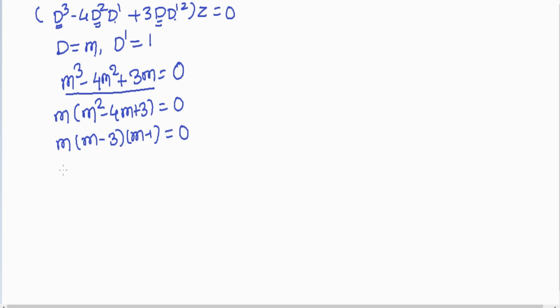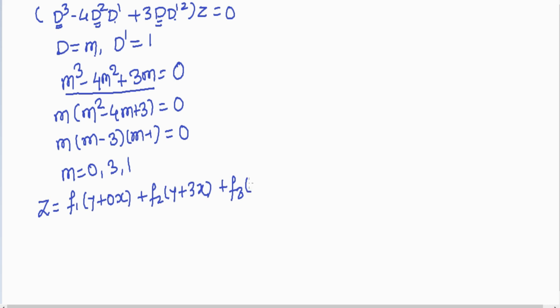Then we have m equal to 0, m equal to 3, m equal to 1, three roots, and therefore its solution is z equal to f1 of y plus 0x, plus f2 of y plus 3x, plus f3 of y plus x.